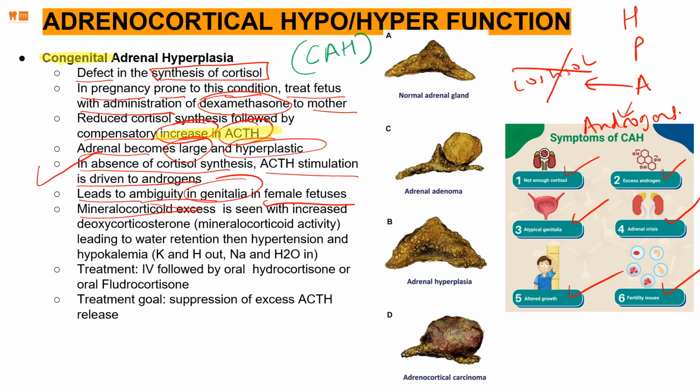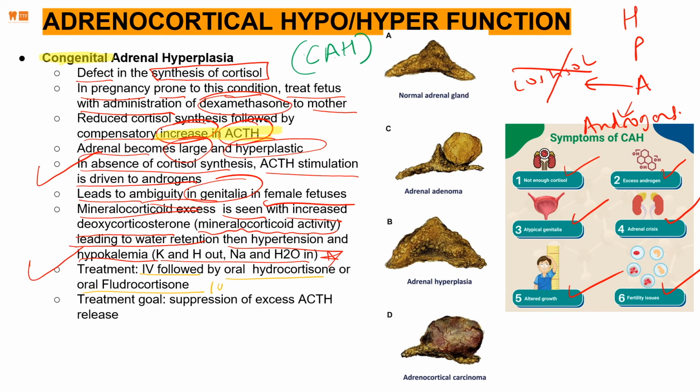Therefore, mineralocorticoid excess is seen with increased deoxycorticosterone, which has mineralocorticoid activity, leading to water retention, then hypertension and hypokalemia. So all of these are imbalanced now. Therefore, it needs to be treated. How so? Well, we can treat it with IV followed by oral hydrocortisone or oral fludrocortisone.